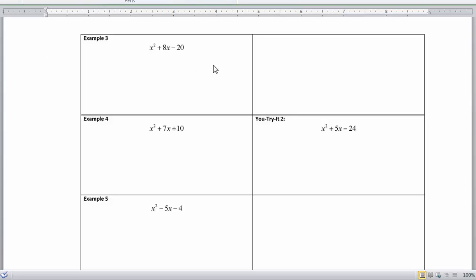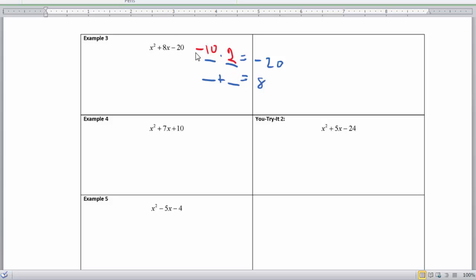And it's the same process. So in the third one, what two numbers will multiply to negative 20, but also add to 8? Well, negative 5 and positive 4, no, but negative 10 and positive 2, oh, no, that adds to a negative 8.